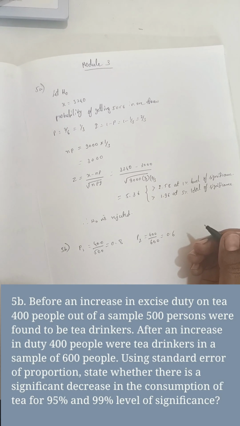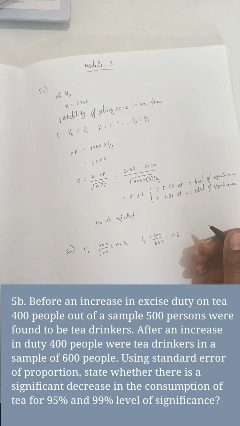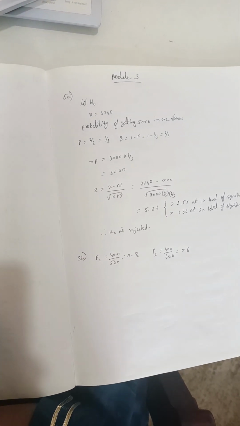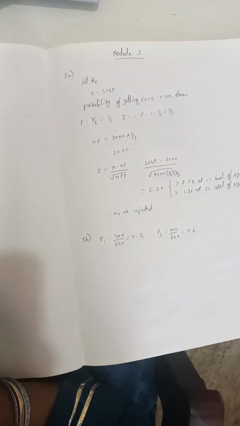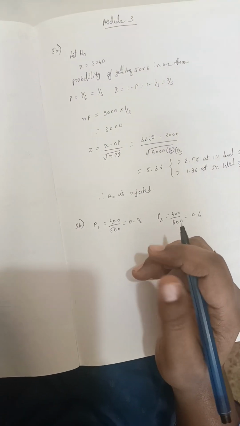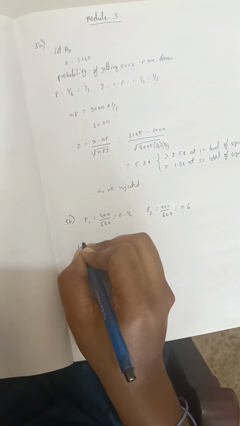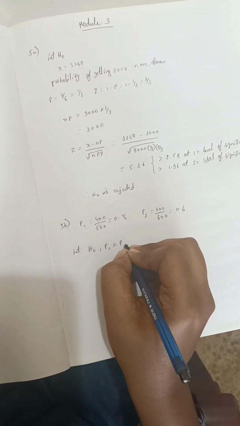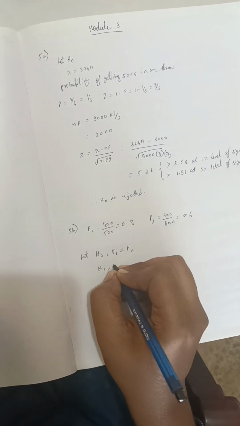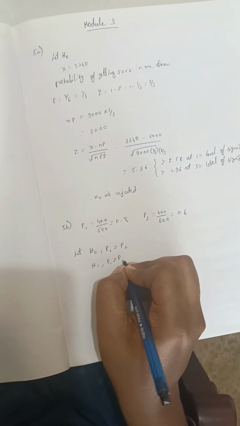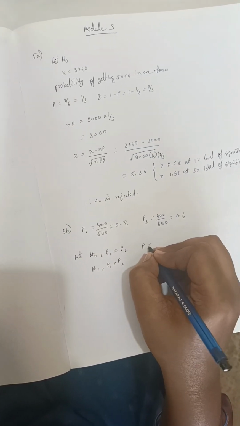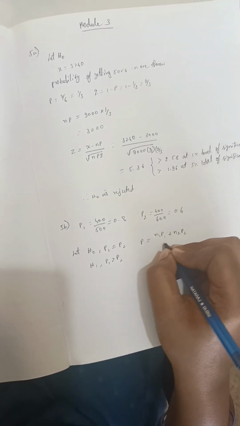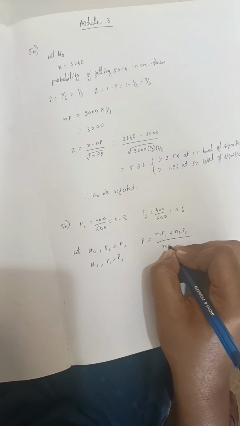Since we test for an increase or decrease, more or less, we use a one tailed test. Therefore, let H naught: P1 is equal to P2, and H1: P1 is greater than P2. P is N1 P1 plus N2 P2 divided by N1 plus N2.